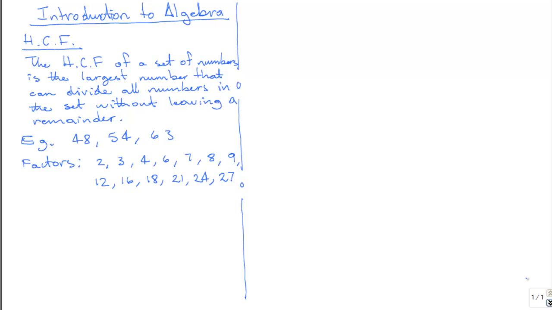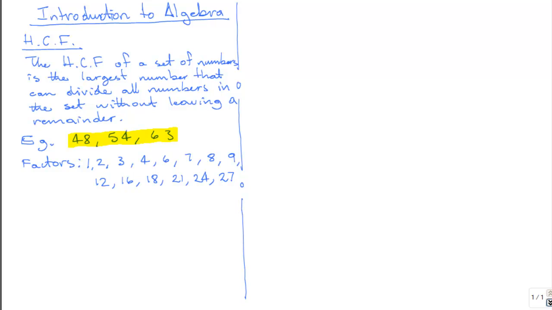The highest common factor of a set of numbers is the largest number that can divide all the numbers in the set without leaving a remainder. Let us take our three numbers here, 48, 54, and 63. Those numbers define the set that we are dealing with right now. Now, if we look at all the factors of each of these three numbers, I have them written down here.